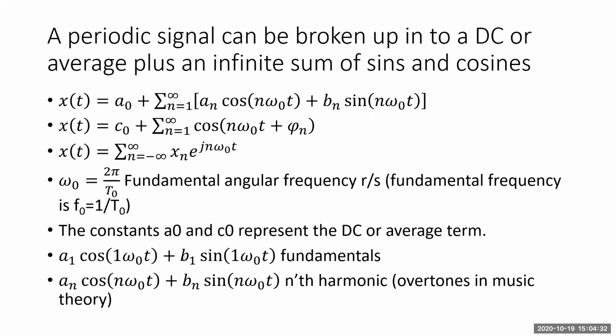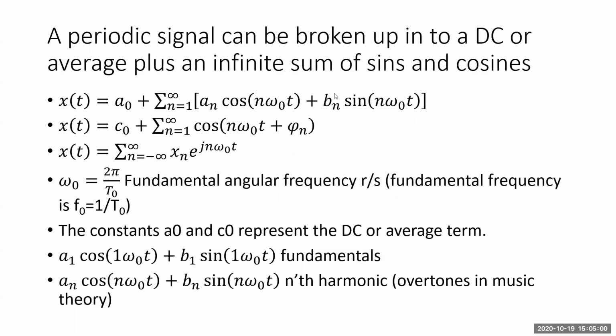Sometimes the constants are negative, sometimes positive, and sometimes they don't exist. The first thing you need to do is find out what the period is so that you can find omega naught. And then these first constants are really just a DC offset, and that might be 0, negative, or positive. And then you have this infinite sum of sines and cosines.